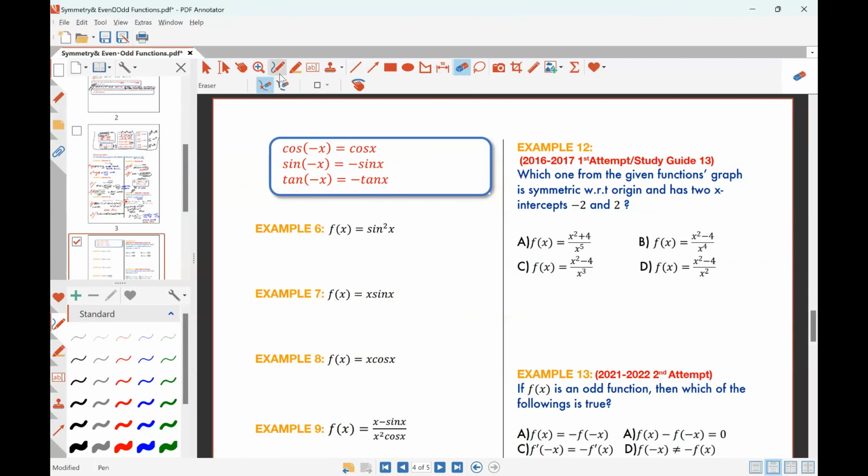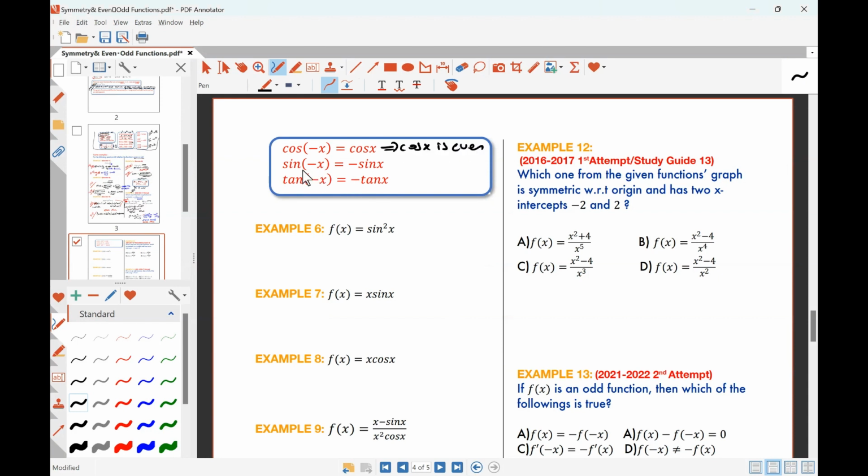Now let's take a look at some trigonometric functions. Let's remember the rules first from grade 11, the rules of cosine, sine, and tangent. Cosine minus x is cosine x, sine minus x is minus sine x, tan minus x is minus tan x. By changing x with minus x, the result won't change for cosine, so cosine x is even.